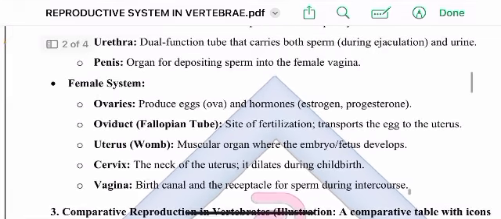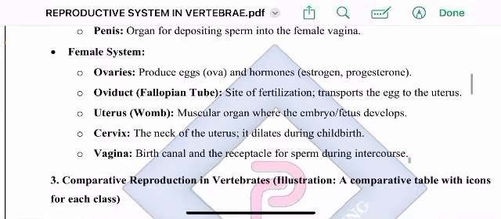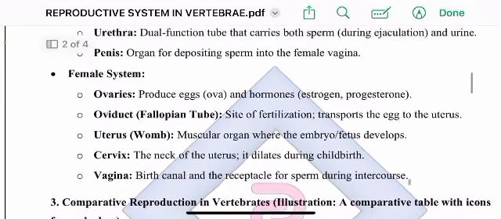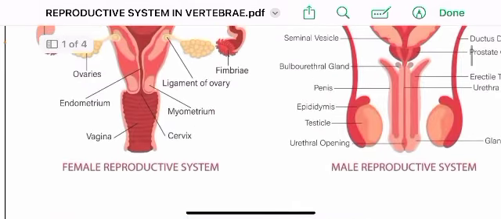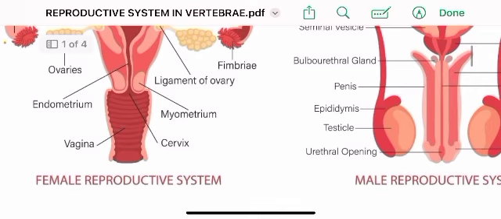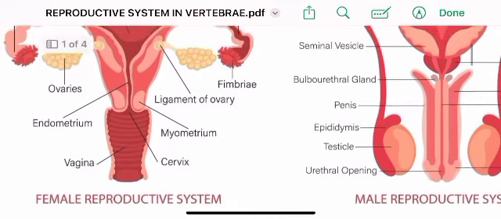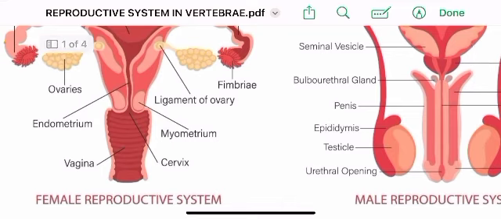Now, the cervix, the neck of the uterus, dilates during childbirth. Now, this is the cervix. Pointing here is a thin opening that leads out from the uterus.